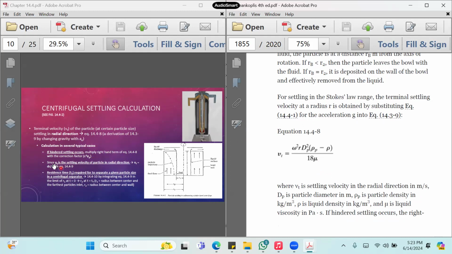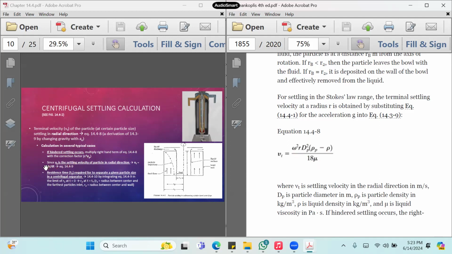The first one: if hindered settling occurs. If you still remember, in settling and sedimentation we have hindered settling as well. So here we also have hindered centrifugal settling. We have to multiply this term, from omega up until mu, with the correction factor. It's usually a constant, and we can see it from the problem.